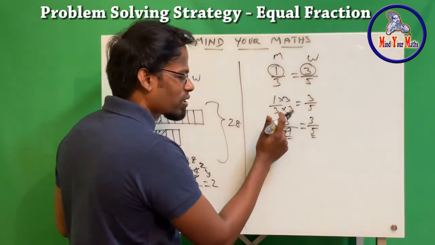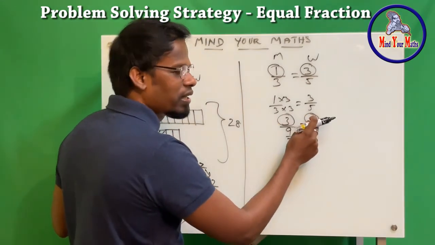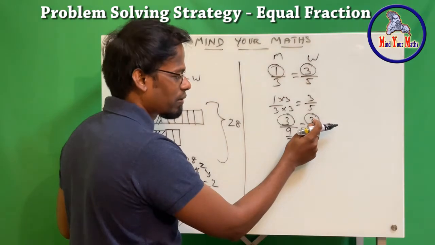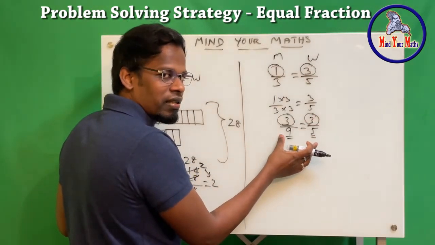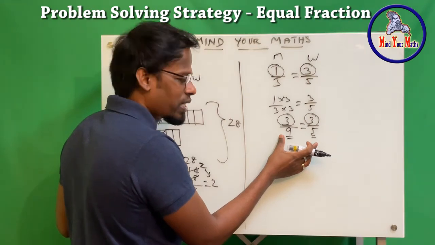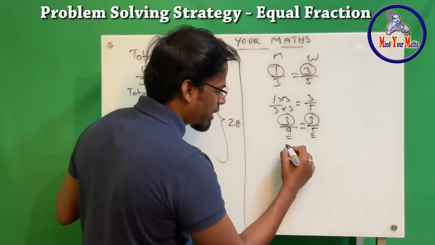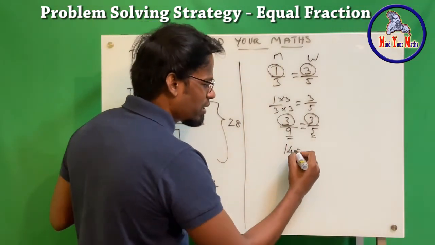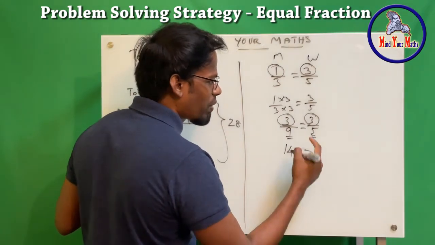Now see, here you have 3 groups, this side also is 3 groups, both are equal as per the problem. Now the total number of units or the total number of groups is 9 plus 5, which is 14. So 14 units is equal to how much?